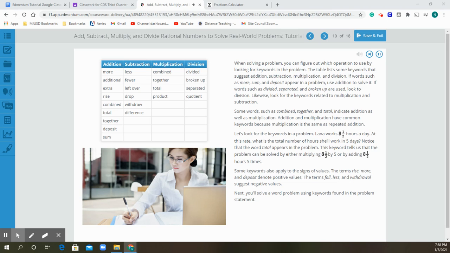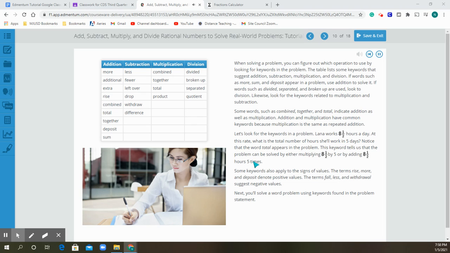Let's look for the keywords in a problem. Lana works 8.5 hours a day. At this rate, what is the total number of hours she'll work in 5 days? Notice that the word total appears in the problem. This keyword tells us that the problem can be solved by either multiplying 8.5 by 5 or by adding 8.5 hours 5 times.